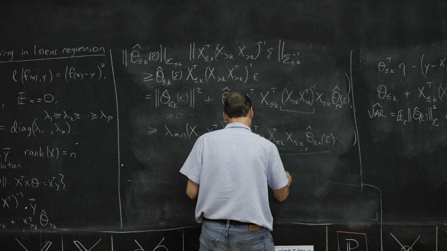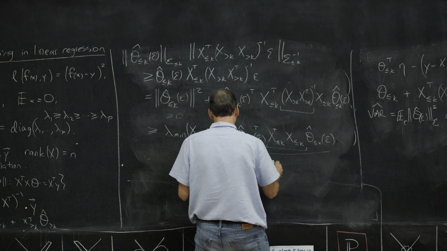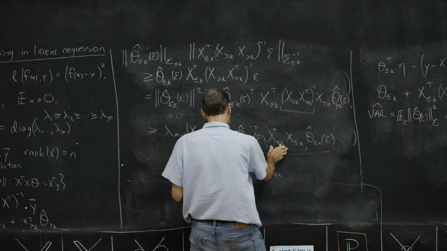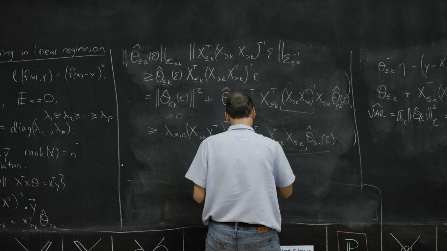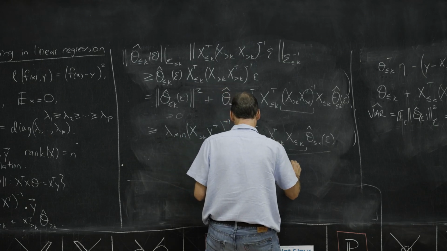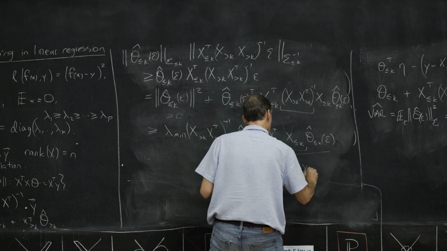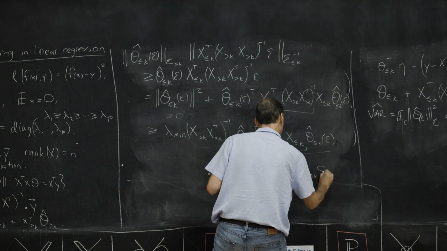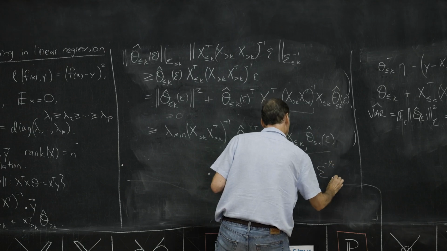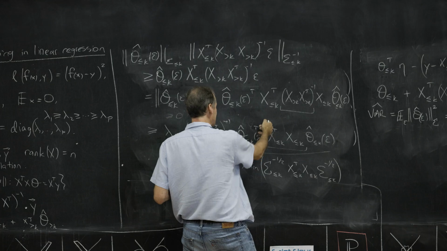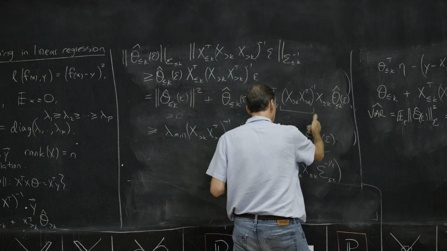So I'm going to write this as the lambda min of a matrix in the middle where I put some sigmas in to appropriately normalize things: sigma to the minus a half times x less than or equal to k transpose times x less than or equal to k times sigma to the minus a half less than or equal to k. We're taking the minimum eigenvalue of that, and we now have a sigma to the half on either side.